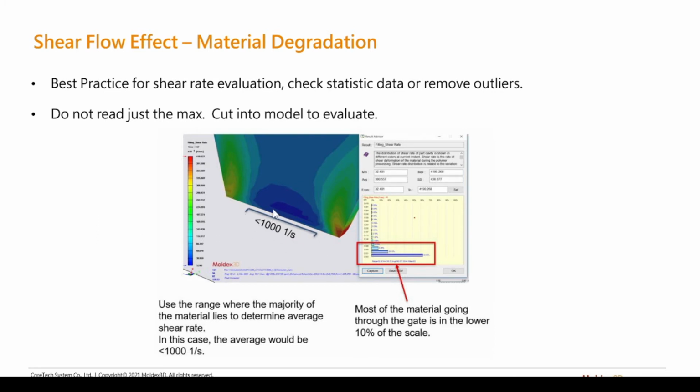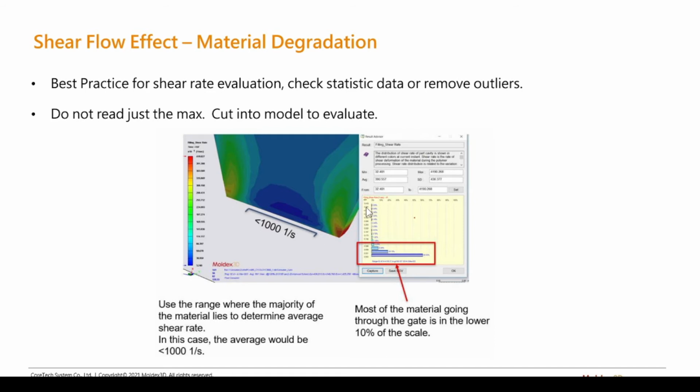This is about 1,000 inverse seconds in the middle versus about 4,000 inverse seconds out towards the side. So just in this gradient alone, we have about 3,000 inverse seconds of a difference, which the magnitude of shear rate might be difficult to conceptualize, but just know that the majority of the melt is actually going through maybe the inner 80% of the gate.